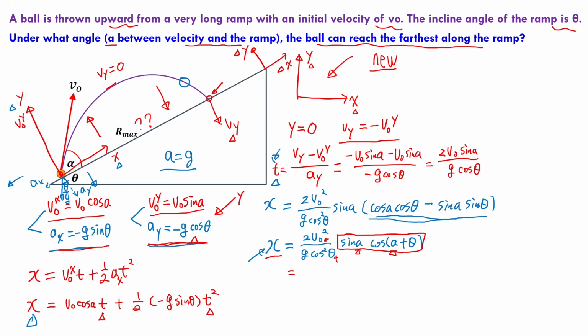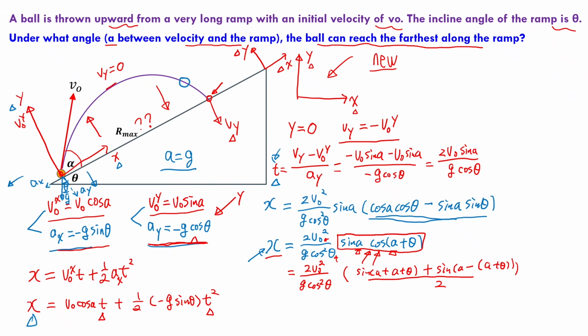For the first part, 2V0 squared divided by g cosine theta squared doesn't change. But for this term, we can use the trig identity, where this whole thing equals sine of alpha plus theta plus alpha, plus sine of alpha minus alpha plus theta, and then divided by 2.